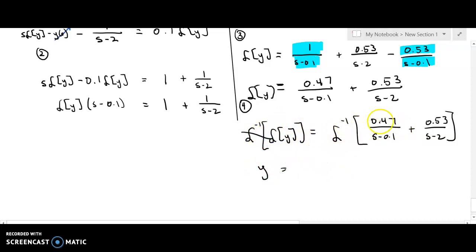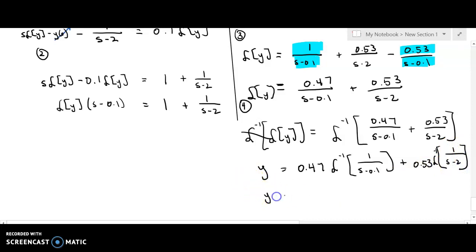And now I could use the linearity and factor out the constants to get 0.47 Laplace inverse of 1 over s minus 0.1 plus 0.53 times the Laplace inverse of 1 over s minus 2. Now I recognize these from our sheet. When we have 1 over s minus a constant, that is e to the opposite sign of that constant to the t power.